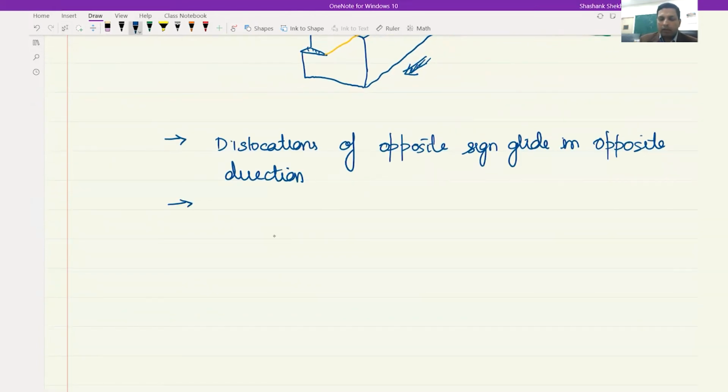Second, for a given shear stress, deformation or slip or offset has to take place in only particular directions. So we will say that slip will take place in only particular directions.